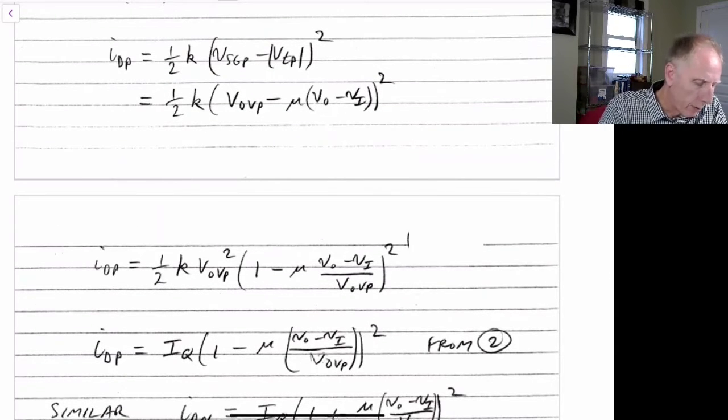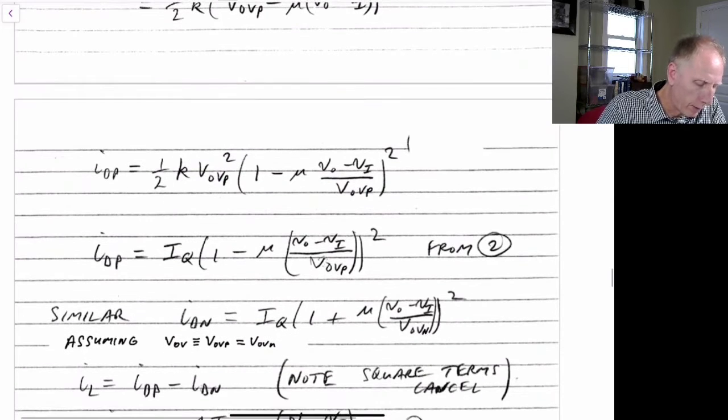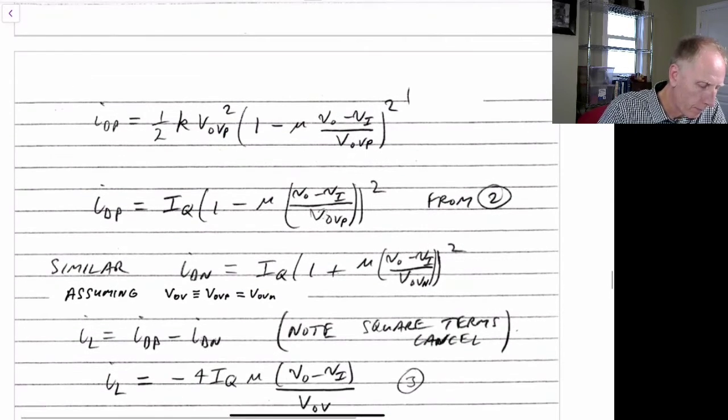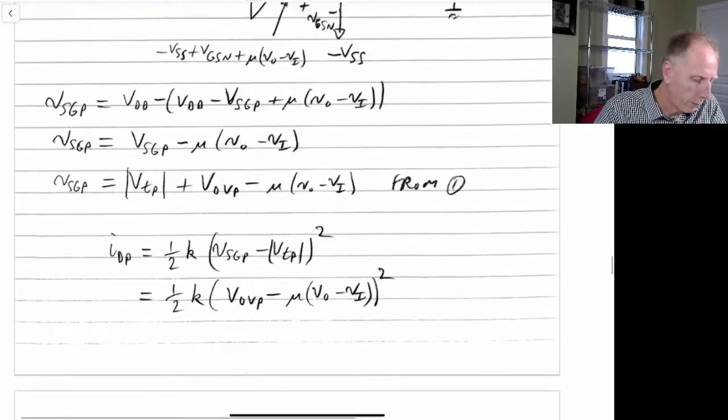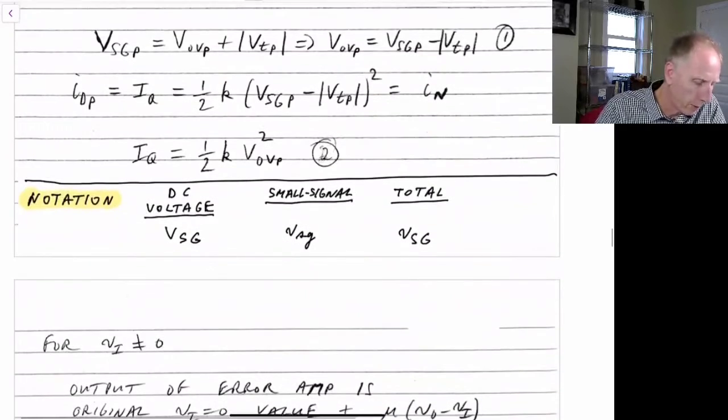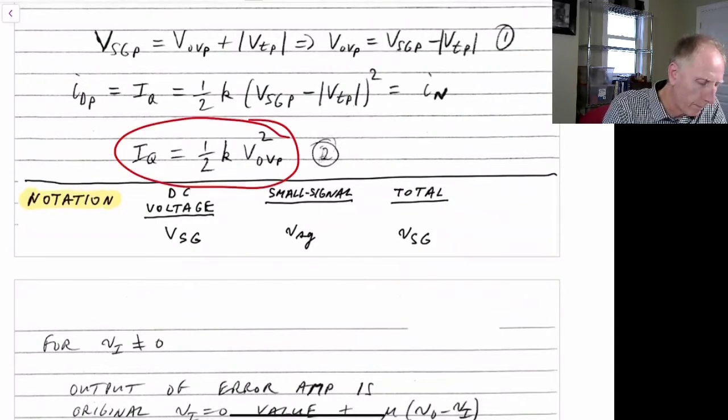We can then factor out the V overdrive part here, which is dividing it through and bringing it out over into this part here. And so just rewriting that equation. And we recognize that this part here is our original bias current. So if we go back to our original part, we see that I sub q was given by this part right here.